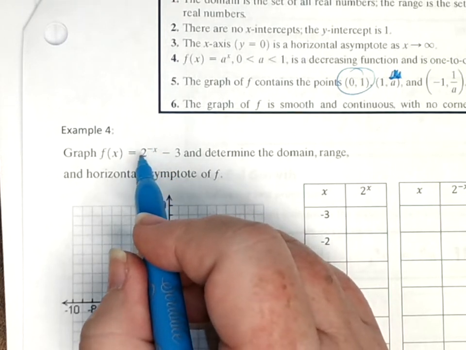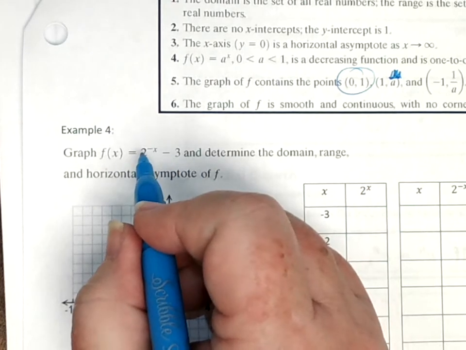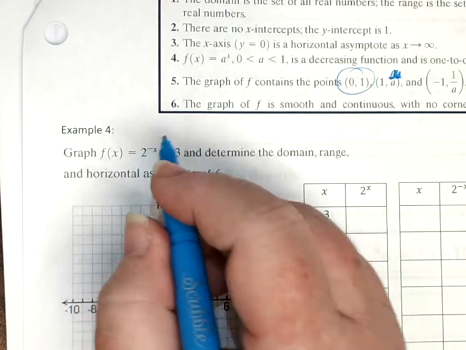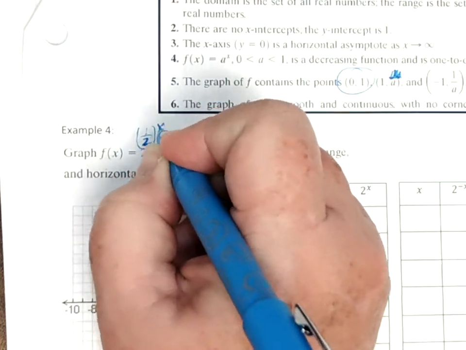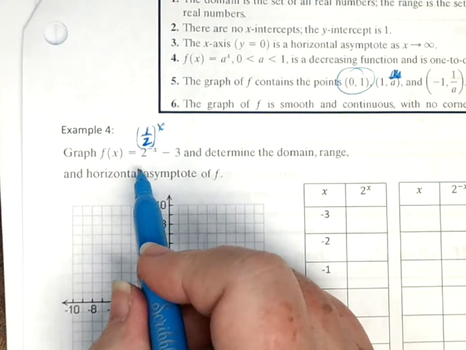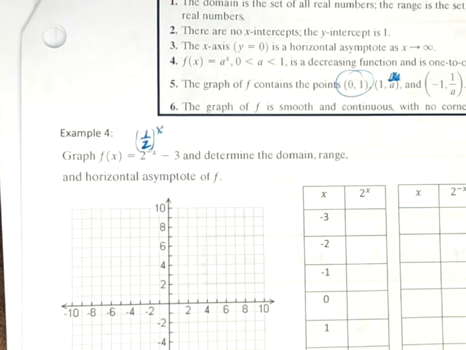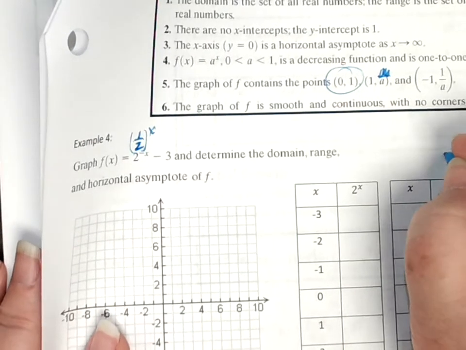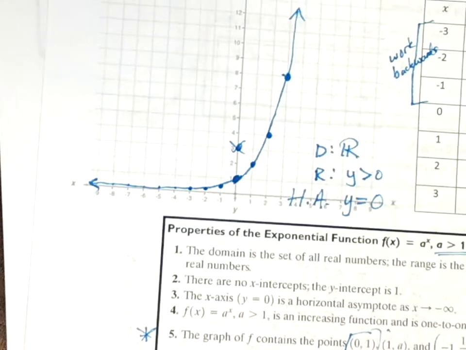If instead of 2 to the x, which is my original parent function, I made it 2 to the negative x, isn't that the same thing as 1/2 to the x? 2 to the negative x is 1/2 to the x. And so what was 1/2 to the x power? How do those two graphs relate to each other?